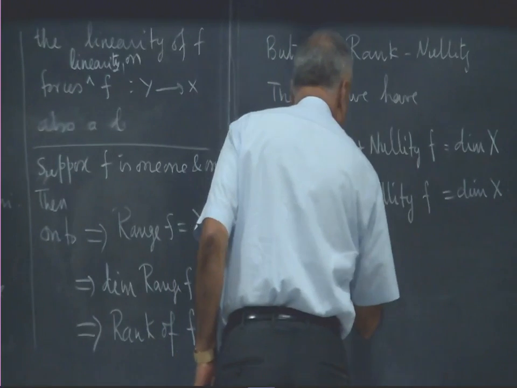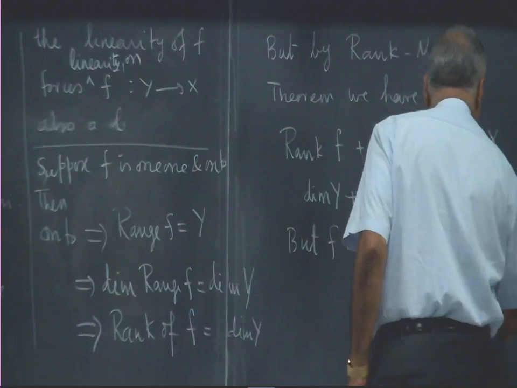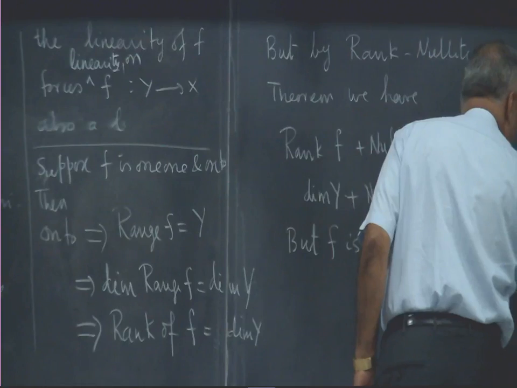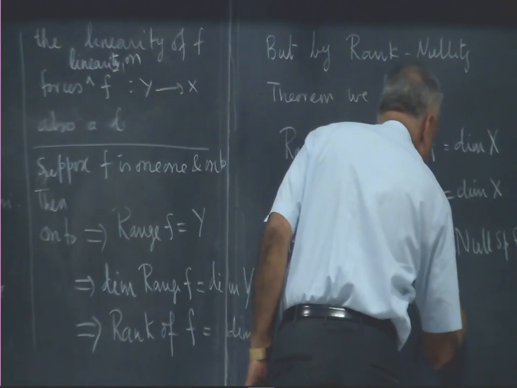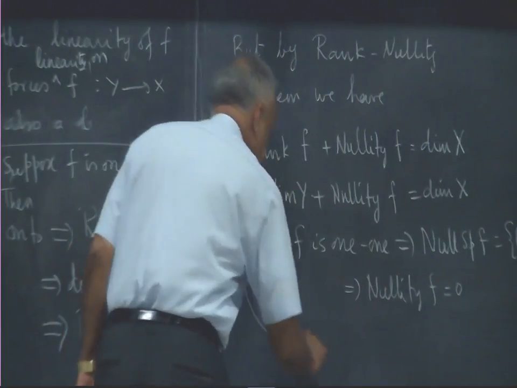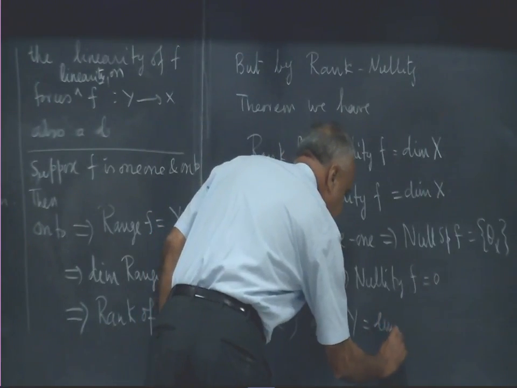F is 1-1 implies the null space of F is just the 0 vector. That says nullity of F is 0, the dimension of the null space is 0. And therefore, what does this say? Dimension of y must be equal to dimension of x.